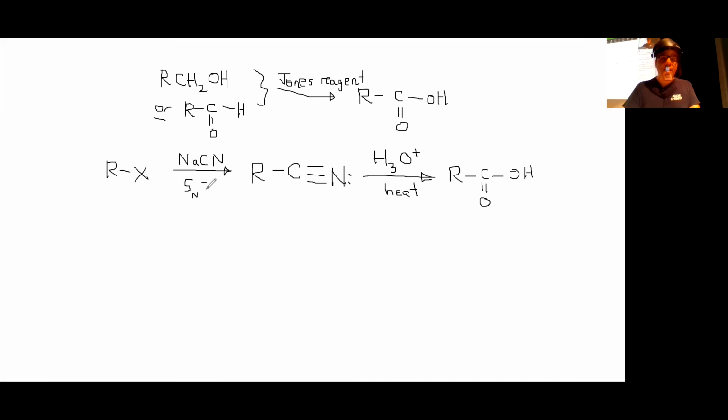So one thing I did in your class notes, but I haven't done here on this page, is to remind you of where you can review those reactions. So you can review this in section 6.4. That's where we talked about that. You can review these reactions in 7.12 and 9.13 if you've forgotten about those.